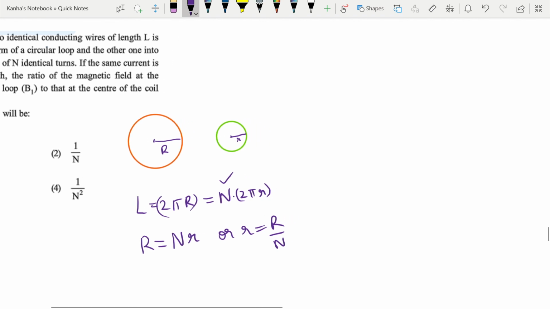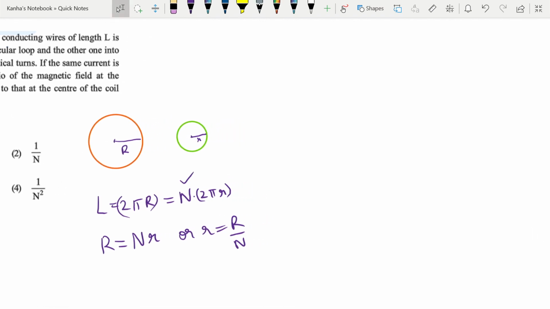If this is clear, for both the things, what do we have? B of loop is nothing but the magnetic field at the center of a current carrying loop, which is given by mu naught I by 2R. And B of coil is how much? It is mu naught N I by 2 times small r.